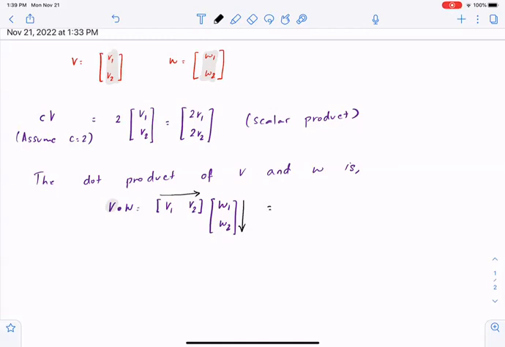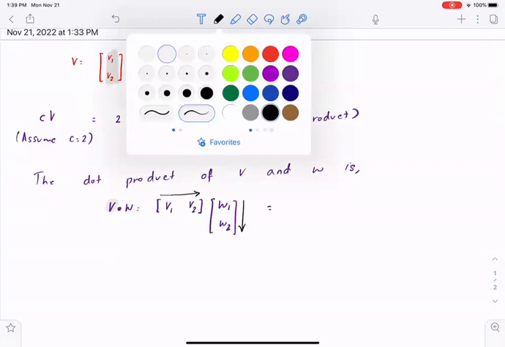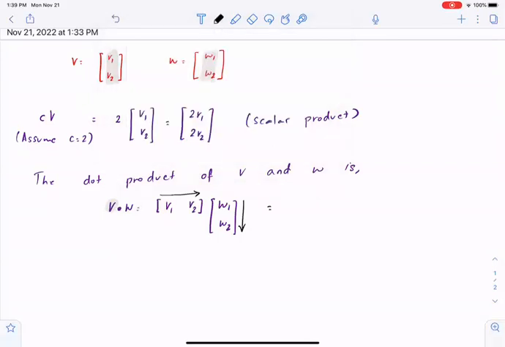As I run, starting with V1, and when I jump, the first thing that I would encounter is the component W1. So V1 W1 plus the second element, V2 W2. And that would be the dot product.